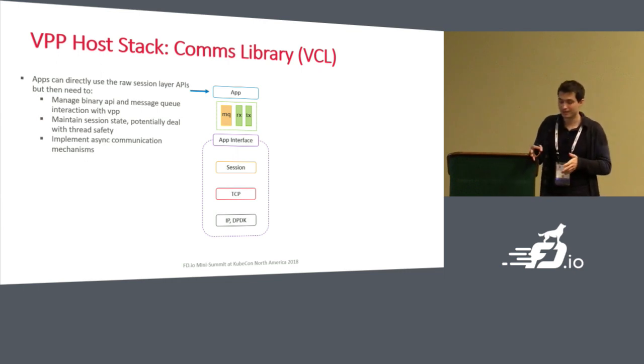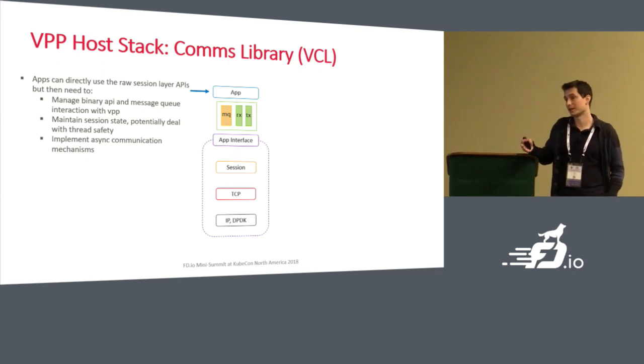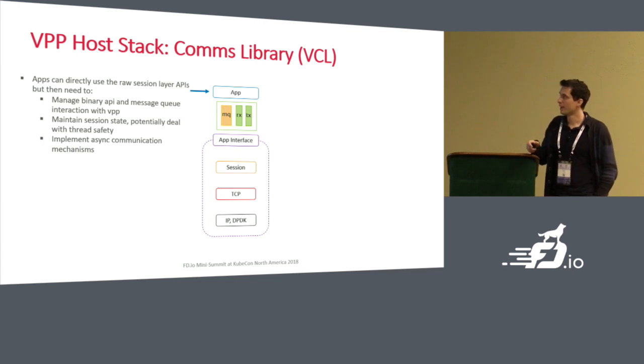But when that happens, the application developers need to be aware of the fact that they need to handle the interaction with VPP, so the binary API and the message queues. They need to keep state for the sessions and track the session state. And if the application happens to be threaded, they might have to deal with threading issues.